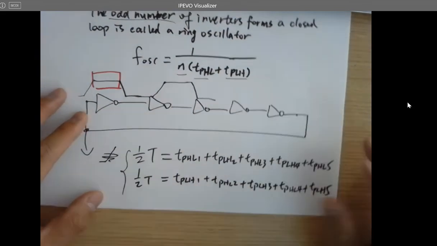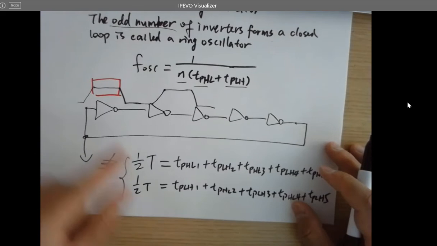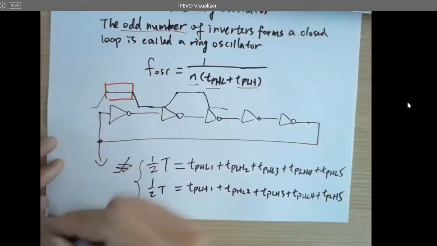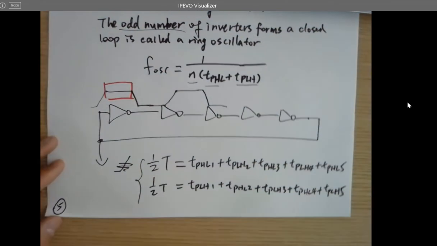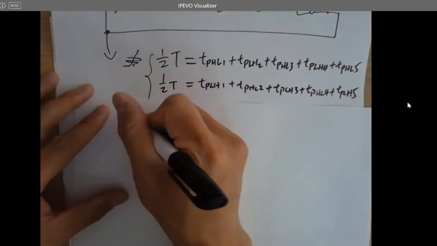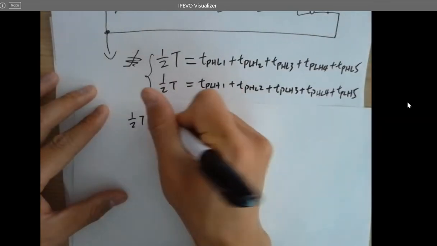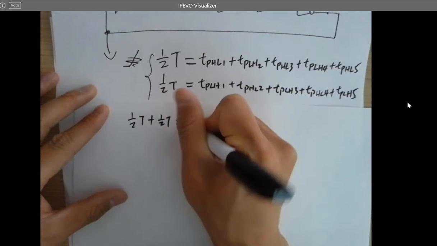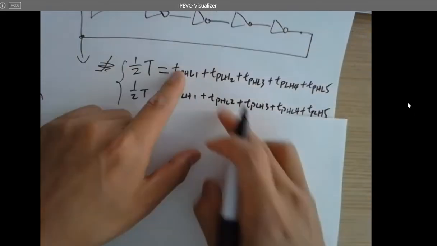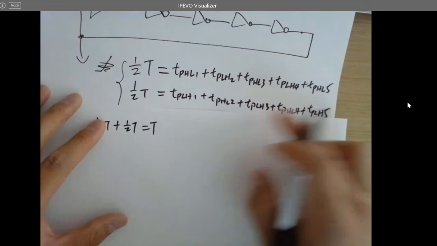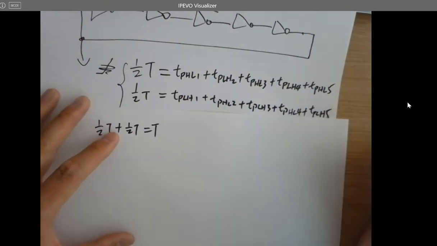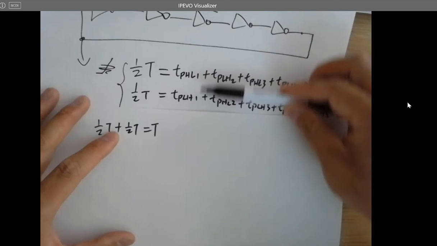Okay, so these two T's are half T, half T. If you add them together, which is T, and these ones will be what? You add these two together.